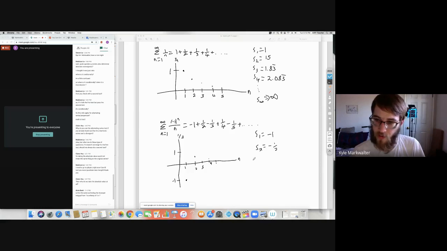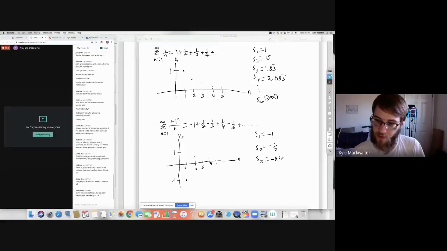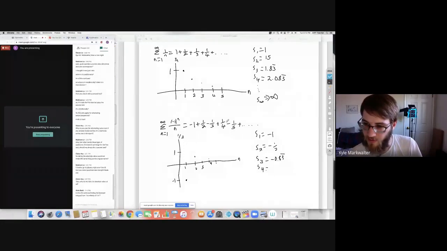And I subtract 1/3, my third sum would be -0.83 repeating. My fourth partial sum, I would add 1/4 back to that. That'll take me to -0.5 something, and so on and so forth.